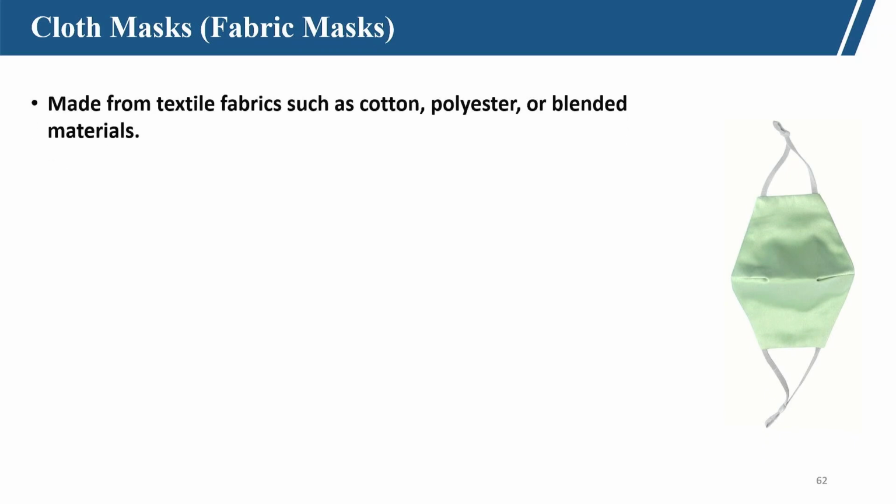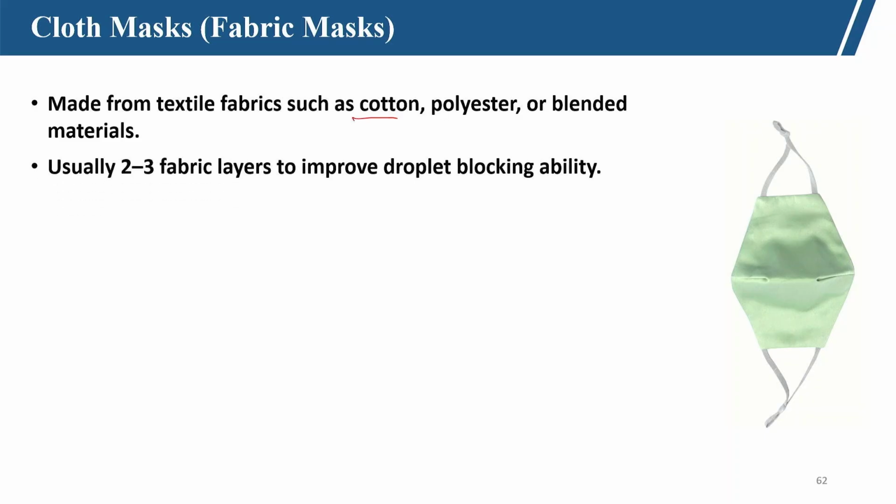Let us discuss the cloth mask. Fabric masks are available. This is the typical cloth mask made of normal textile woven fabric, or maybe knitted or nonwoven cotton, polyester and blended fabrics. Usually 2 to 3 layers of fabric are used to block the droplets.